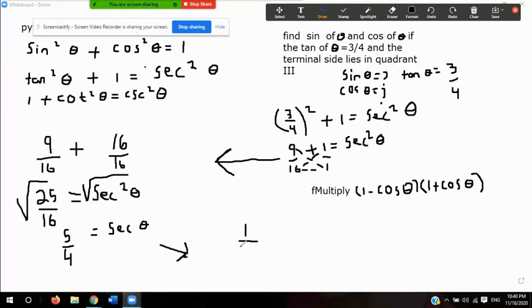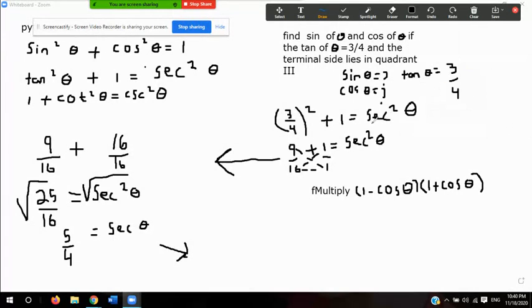Anyway, sorry for that. Before I find the cosine of theta, I want to go back real quick to the problem. In the problem, it says that the terminal side lies in quadrant 3.